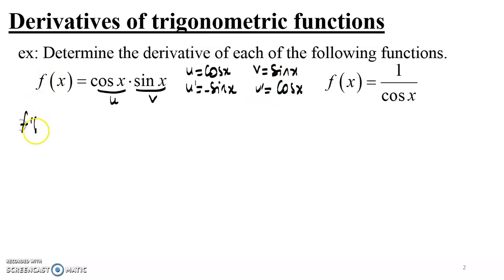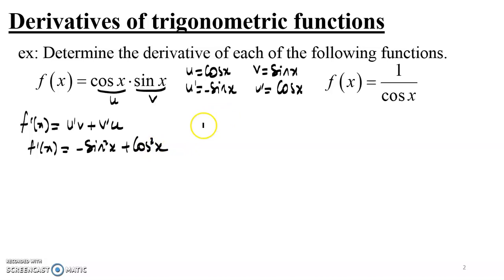So according to the derivative of a product, u times v has a derivative of u prime v plus v prime u. So f prime of x would be u prime times v, so this is negative sine squared, plus v prime times u, plus cosine squared x. So that would be the derivative of f of x.